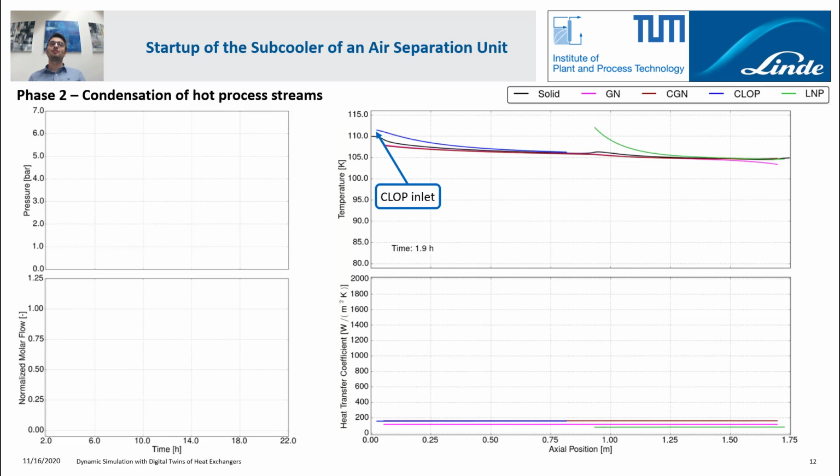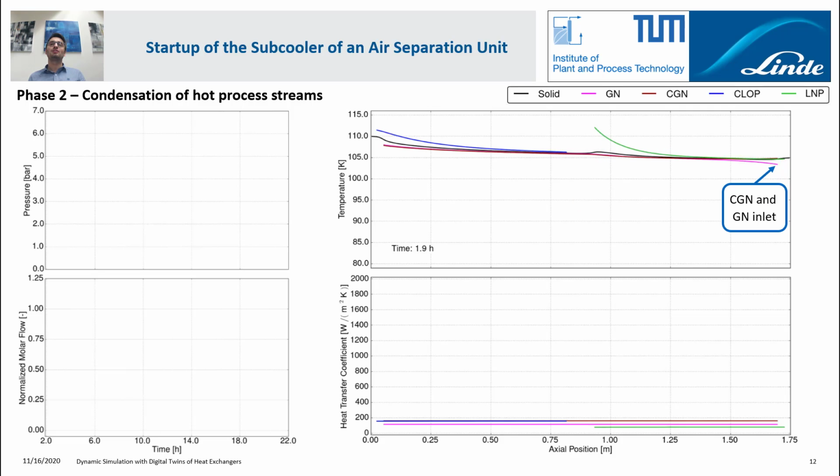As you may notice, CLOP enters the heat exchanger at the left end and leaves the heat exchanger midway through. The flow direction is from left to right. LNP enters the heat exchanger midway through and exits at the right end. Flow direction is again from left to right.